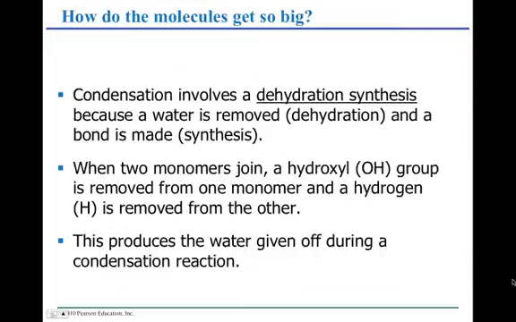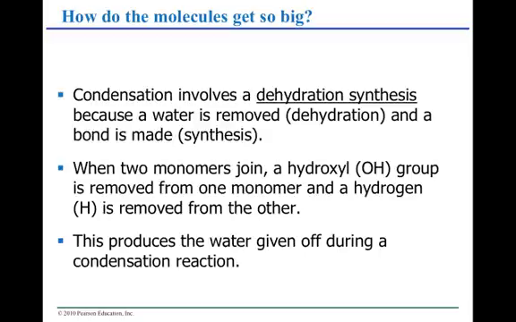So this is just reviewing what we just went through. Condensation involves a dehydration synthesis. And that's because water is being removed, which is dehydration, and a bond is made. That's the synthesis part.